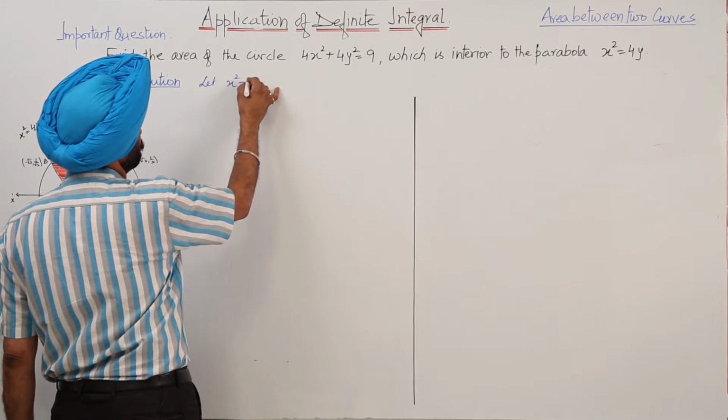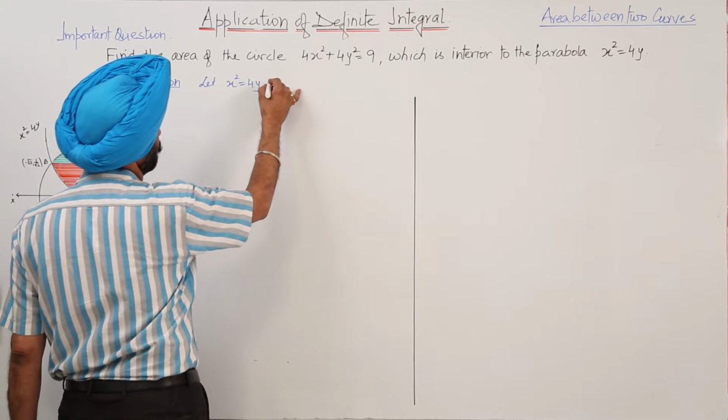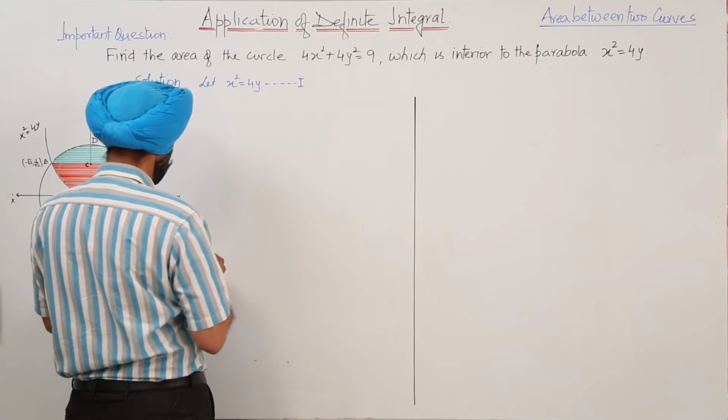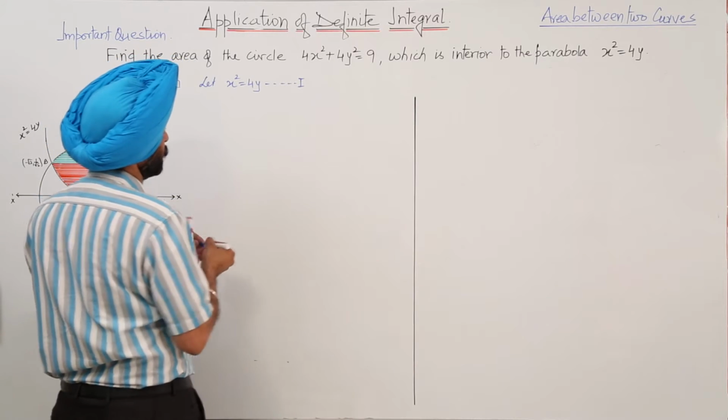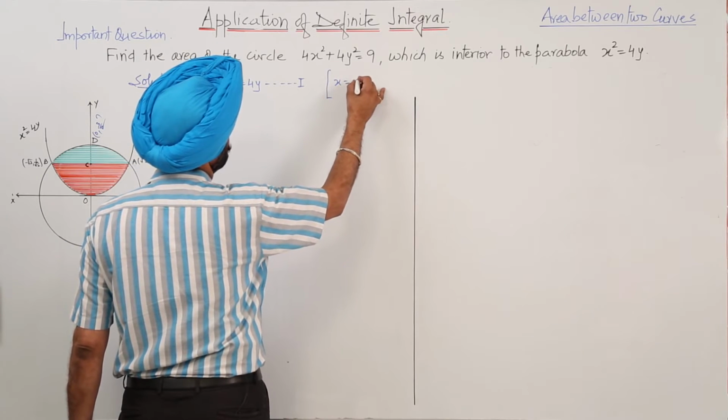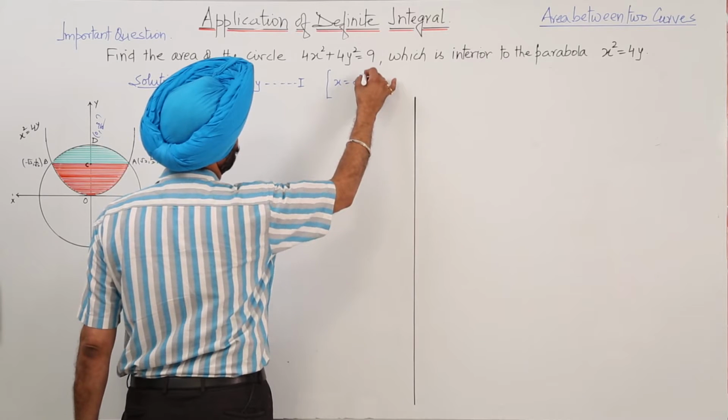Now let x square is equal to 4y be equation 1, or to this we can write it x is equal to 2 root y.